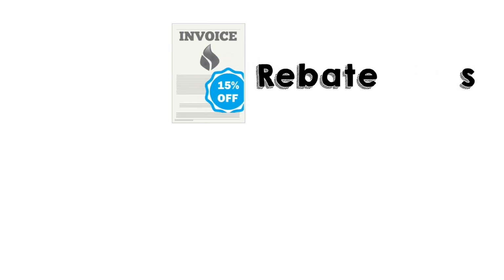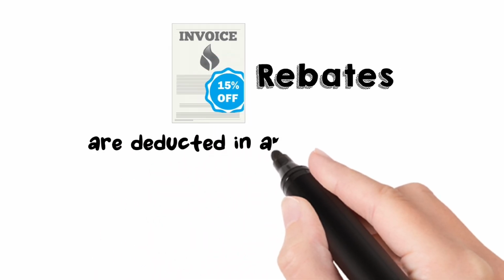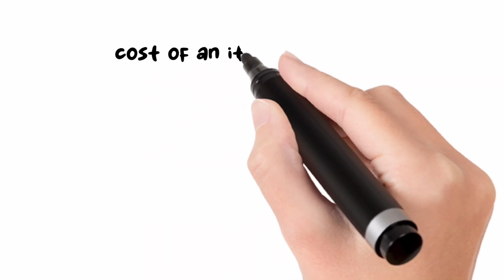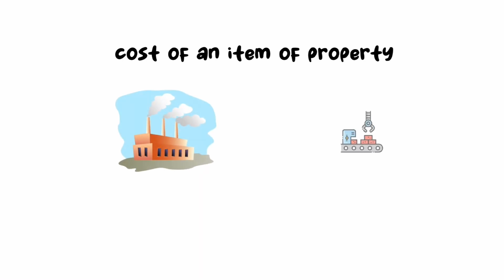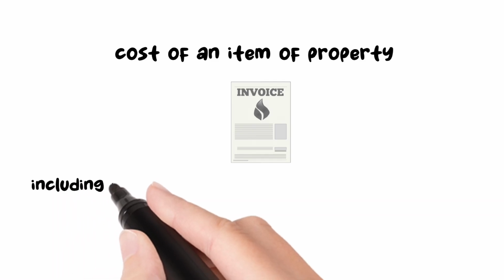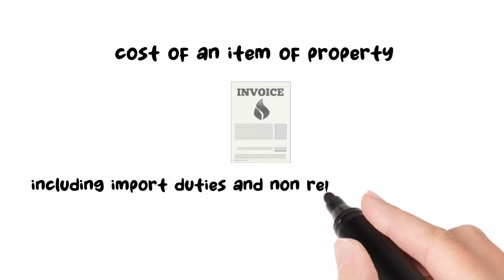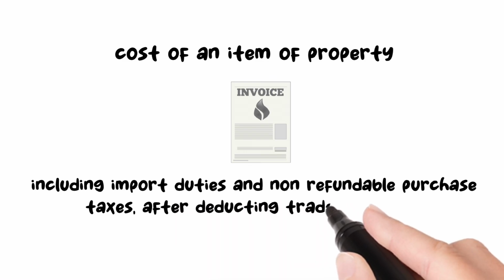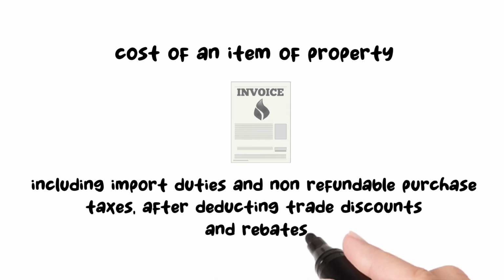Any trade discounts and rebates are deducted in arriving at the purchase price. Cost of an item of property, plant and equipment comprises its purchase price, including import duties and non-refundable purchase taxes, after deducting trade discounts and rebates.